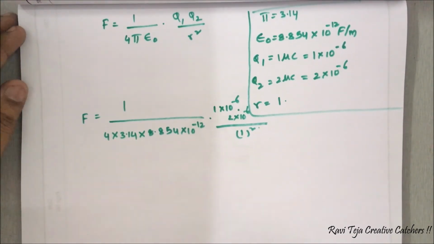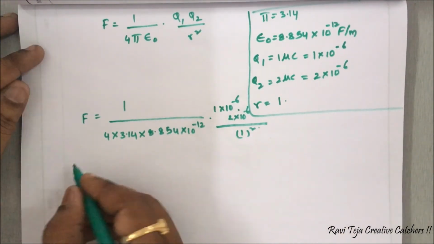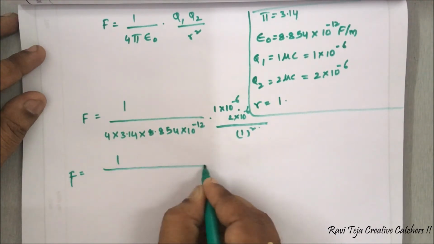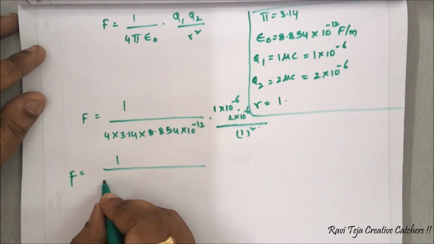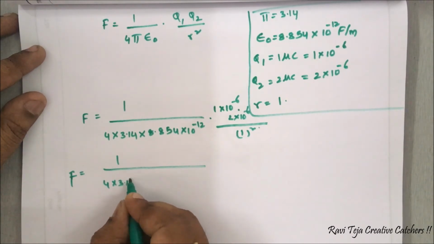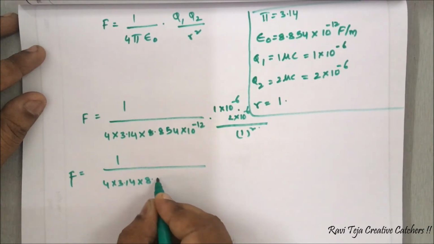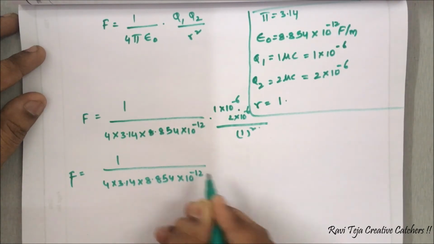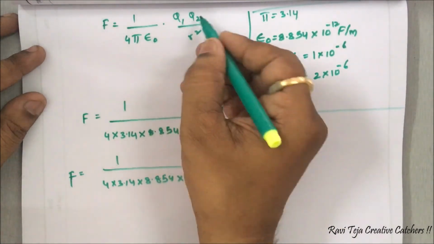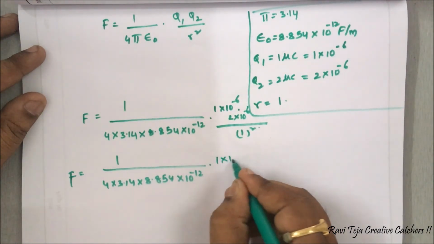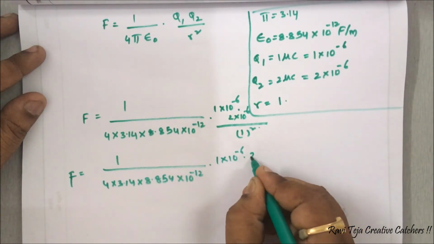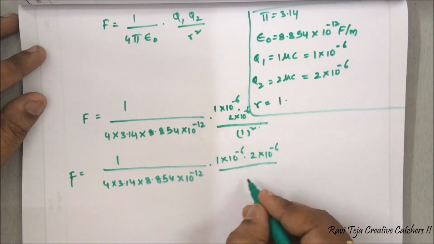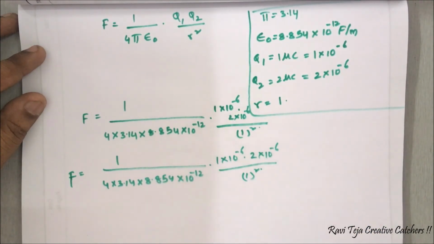Okay, let me write it clearly. F is equal to 4 into 3.14 into 8.854 into 10 power minus 12, into Q1 Q2: 1 into 10 power minus 6 into 2 into 10 power minus 6, by R square. The value of R is 1 square.